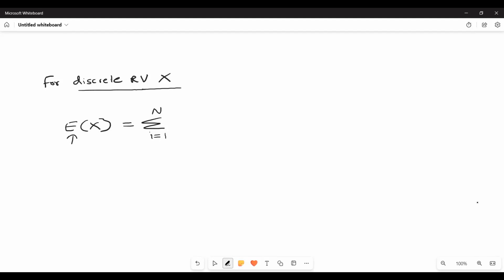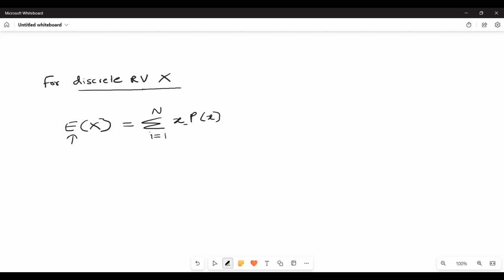Let's say the outcomes of this random variable are up to n values. Then the expectation value can be defined as x times the probability of that x value happening.